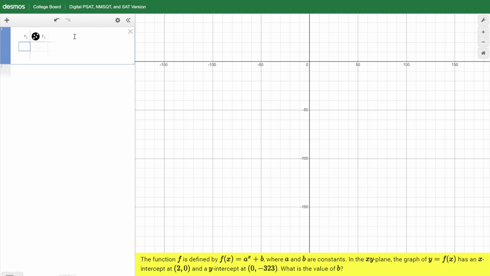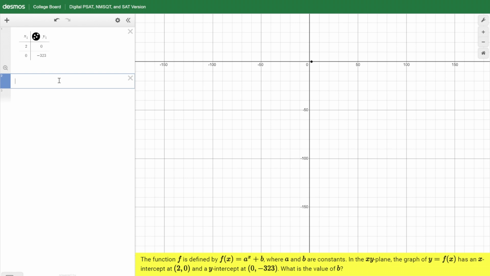The first is the x-intercept, which is (2, 0). And the next point is the y-intercept, which is (0, -323). There's a reason we do that, because for regression, we need at least two values in this table.